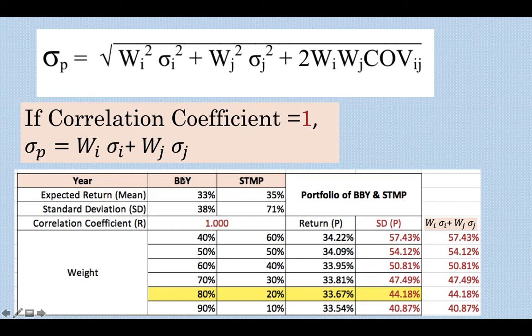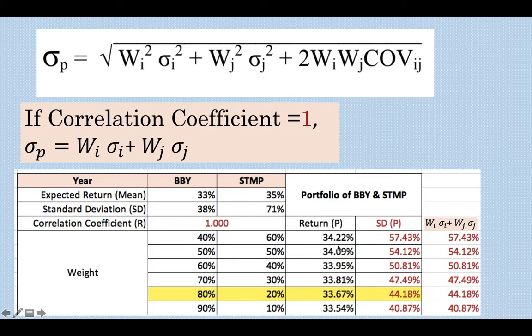They are perfectly correlated. When they are perfectly correlated, the portfolio standard deviation will purely equal the weighted standard deviation.